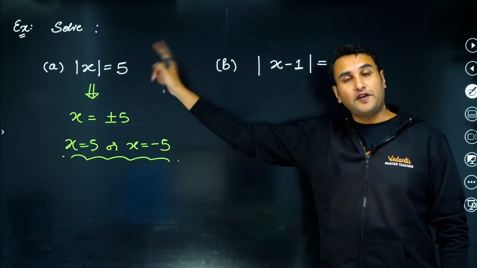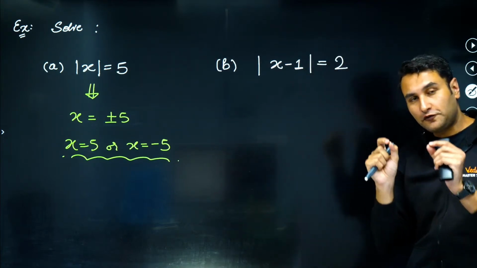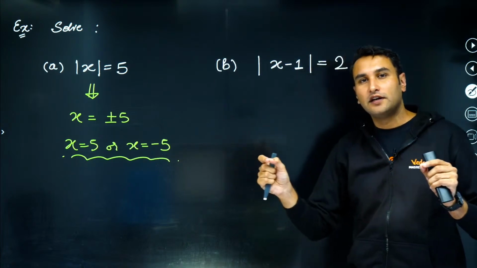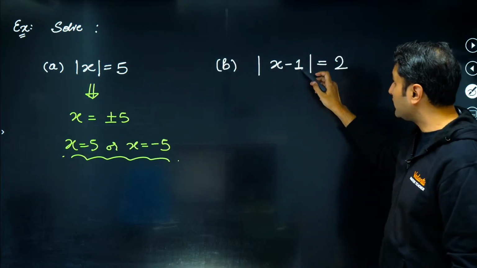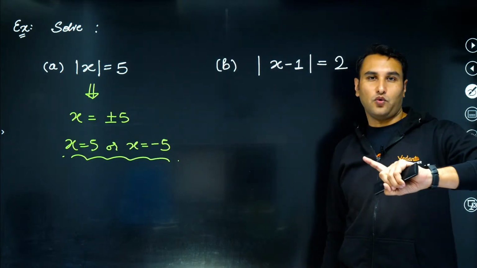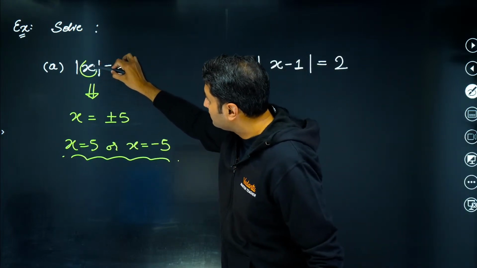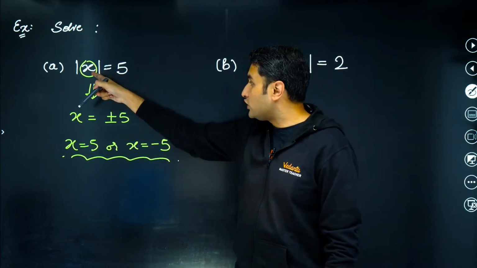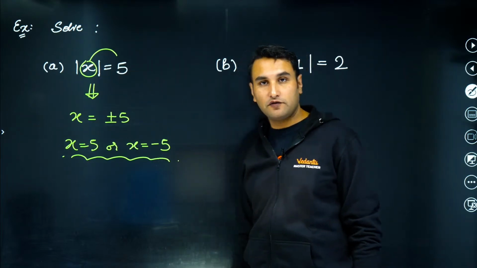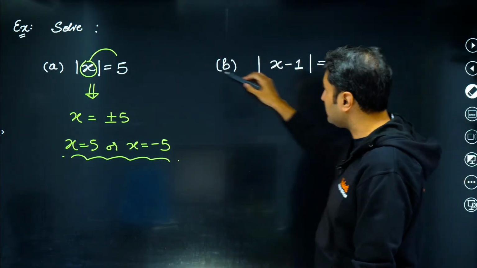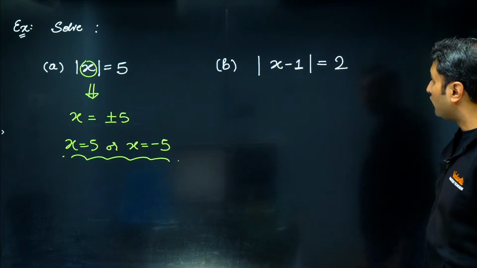Now let's come to this. In the place of x, I've expanded it. I'm just making it more complicated. This is the first variety of problems slowly beginning to unfold in front of us. Now in the place of x, we have written x minus 1. Very simple. Whatever was inside, its value was either equal to 5 or equal to minus 5. Now tell me what is inside?